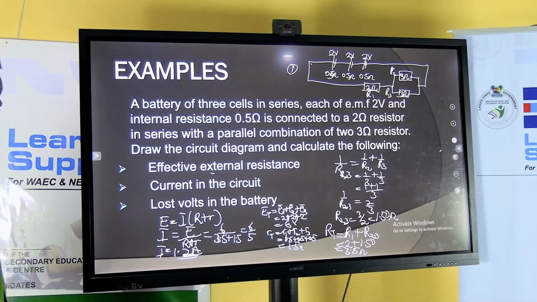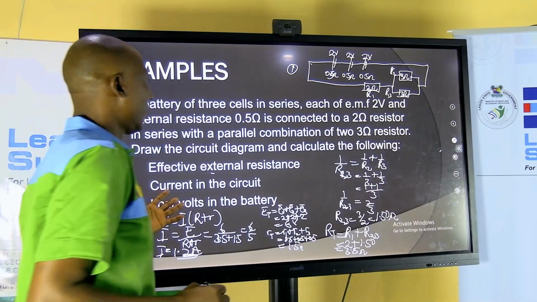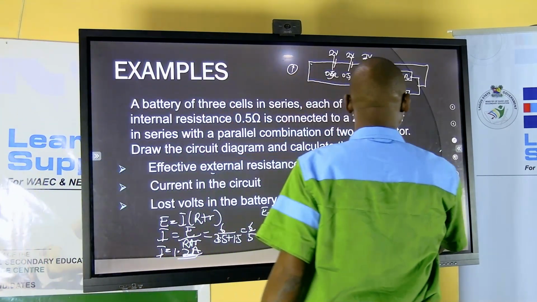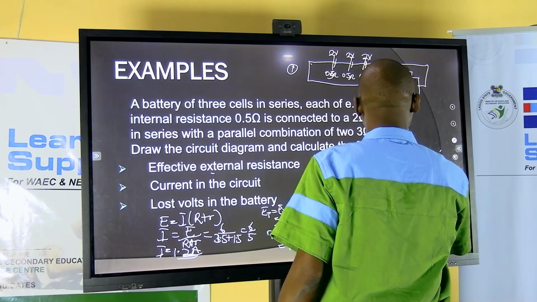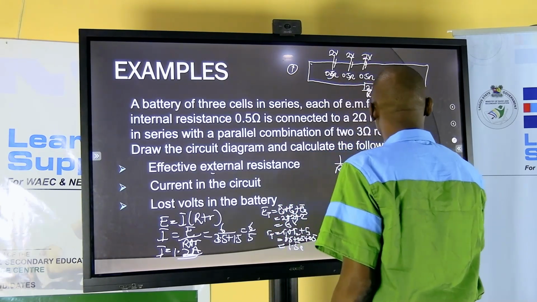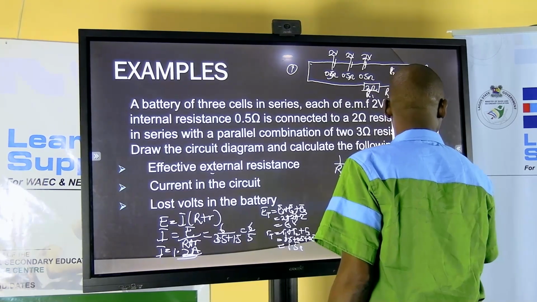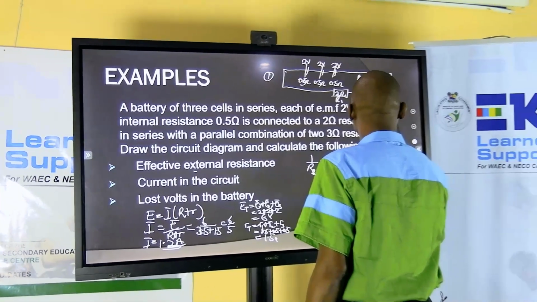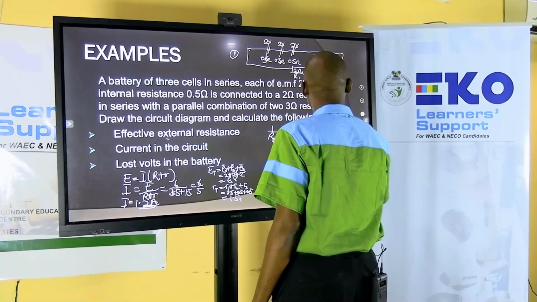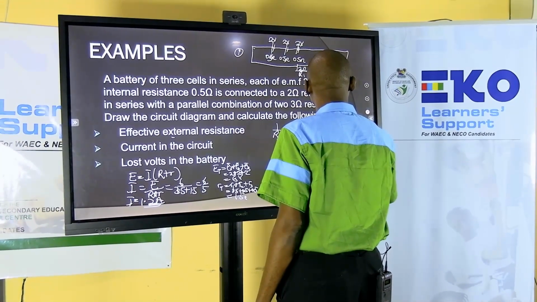And the last one, which is the lost volt in the battery. Using the same equation, follow me to this side. You use this equation: E equals I into big R plus small r.